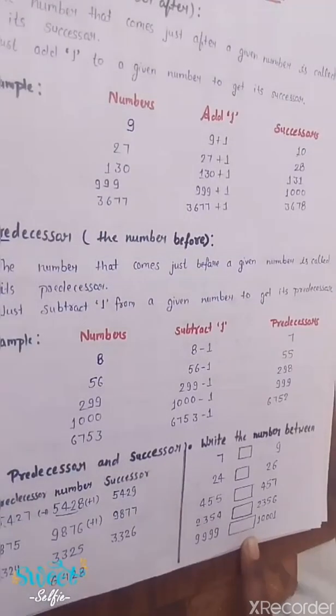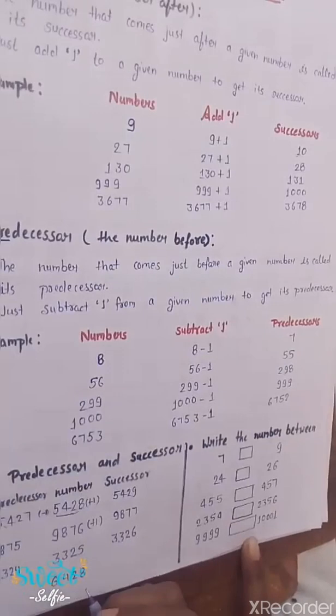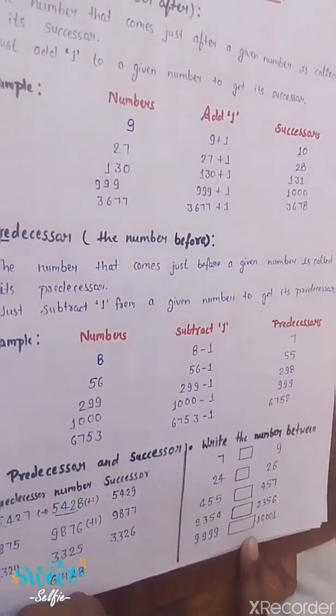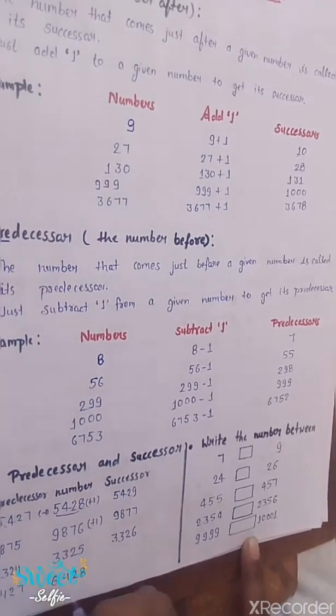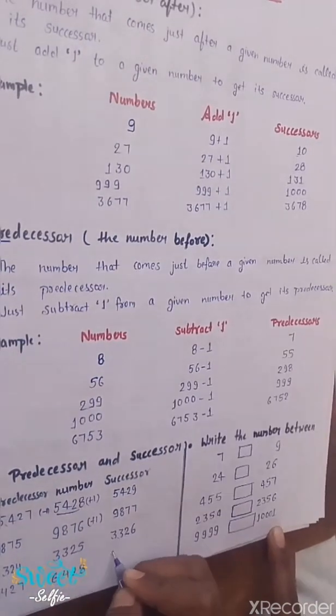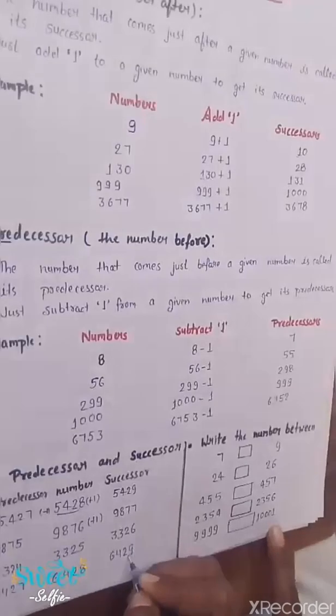Okay. Last one is 6428. For predecessor, we will minus 1. So 6427. And for successor, we have to add 1. So we will get 6429. Okay.